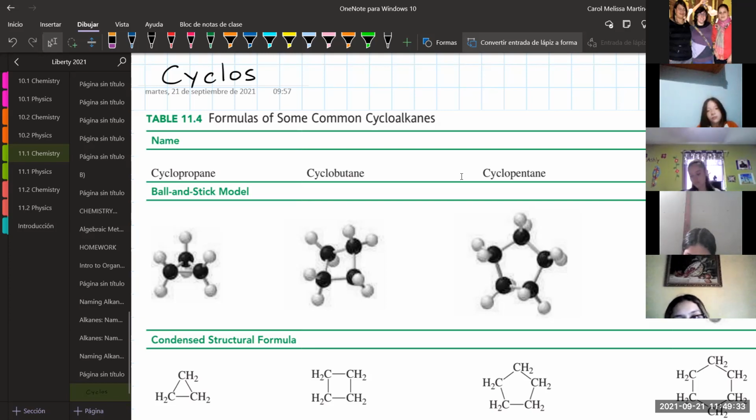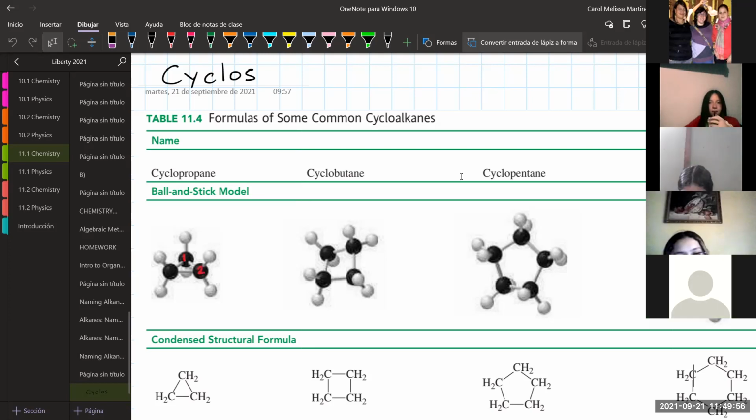Remember, in organic chemistry, the base element is carbon. Now here in this model, carbon is represented by the black balls, okay? So in here, I have 1 carbon, 2, 3 carbons.